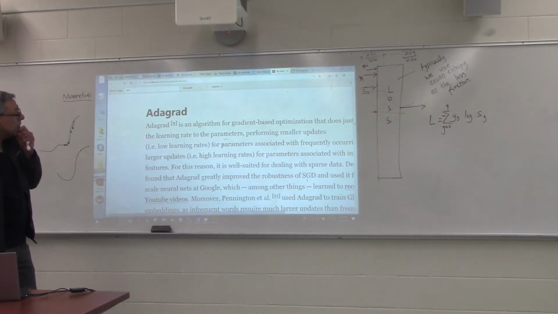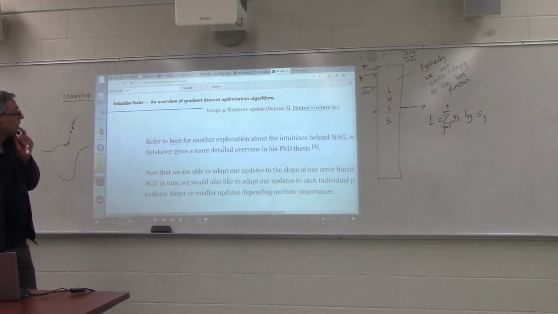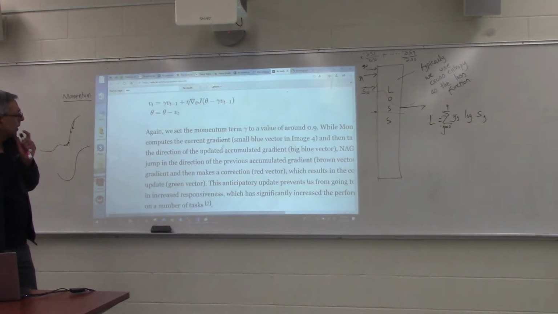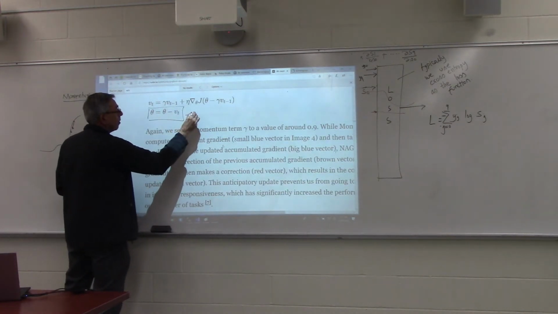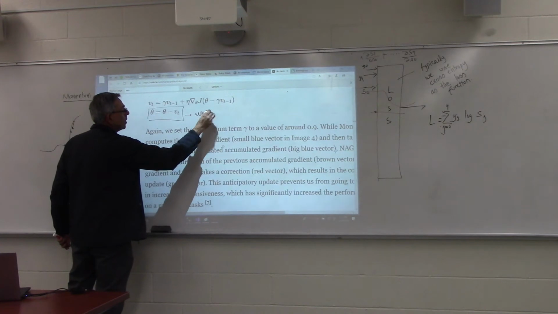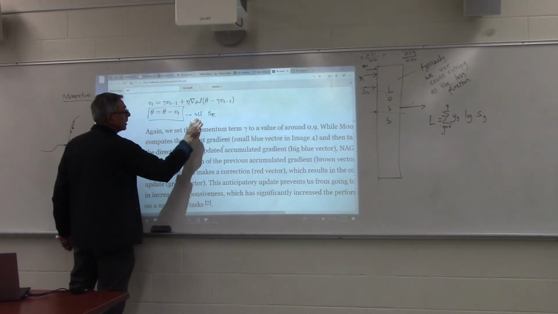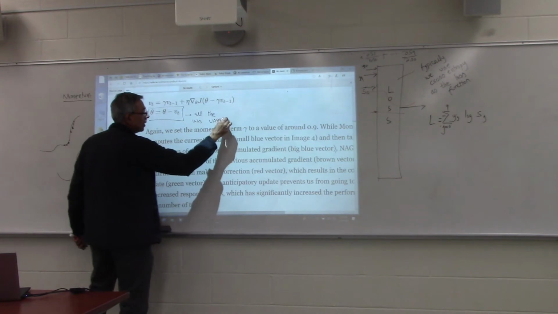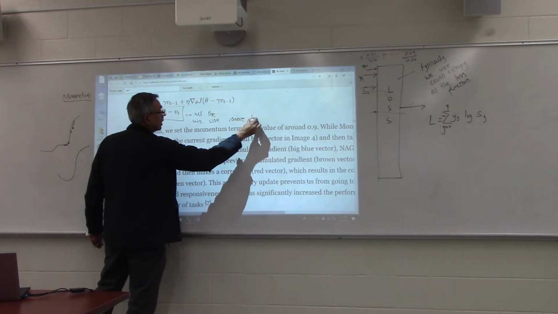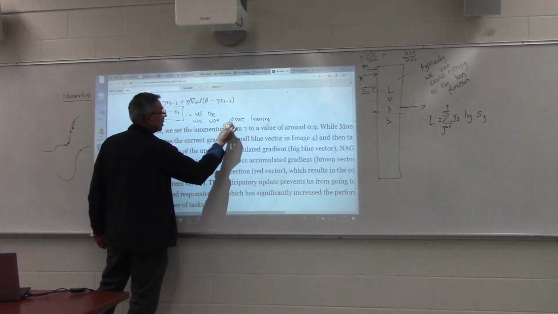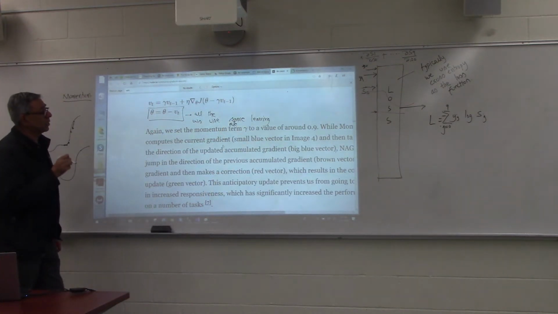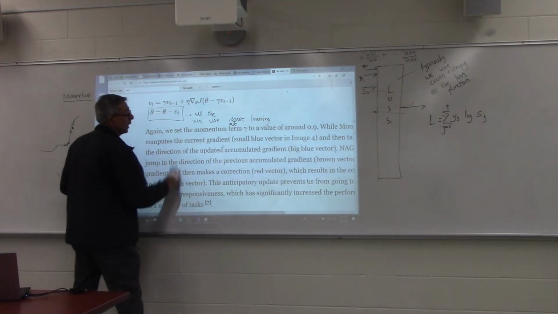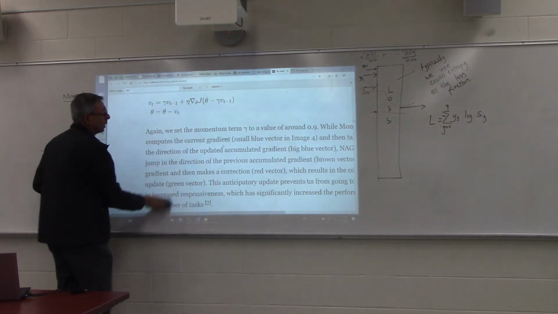So all the previous algorithms, if you take a look over here, are adjusting all the W's, all the weights and all the biases, using the same learning rate. So the idea over here was, let's try to adjust the learning rate according to individual weight and individual bias.